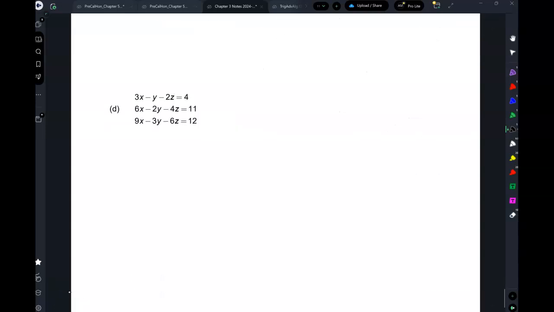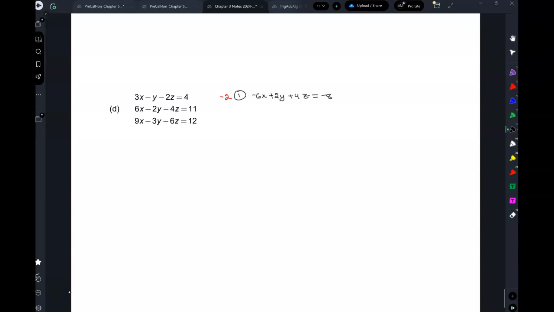I can tell that 1 and 3 are equal. Okay, so let's do 1 and 2, right? So 1, I'm going to multiply by -2. So what do I get? -6x plus 2y plus 4z equals -8.